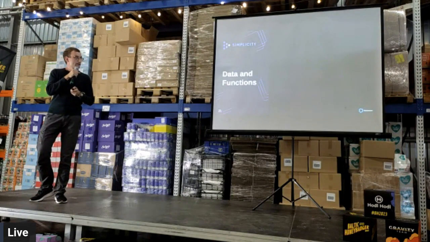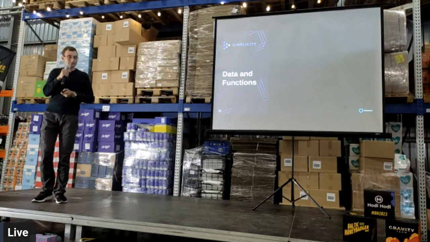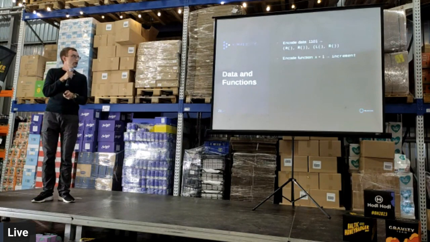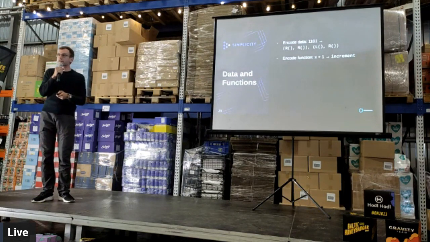So very quickly, how do you do Simplicity? First of all, you always encode some data. So there's some Simplicity data format. You have some functions, so you have some mathematical functions like add 1, and we have an increment function, for instance.